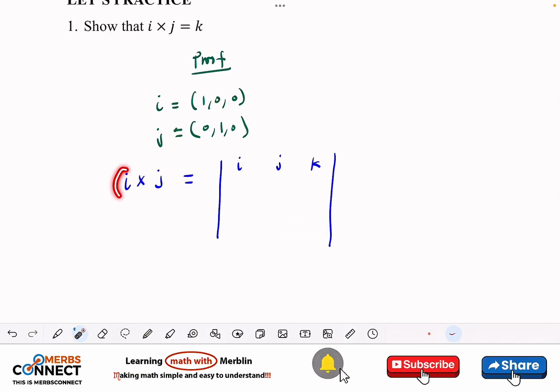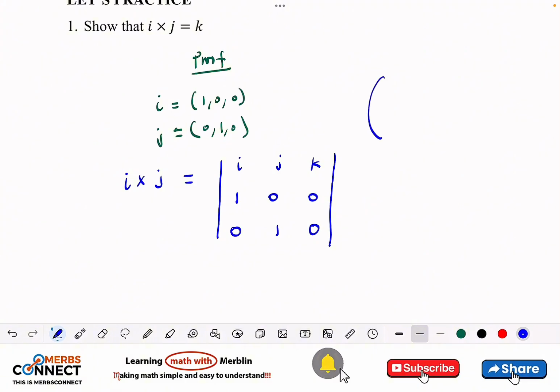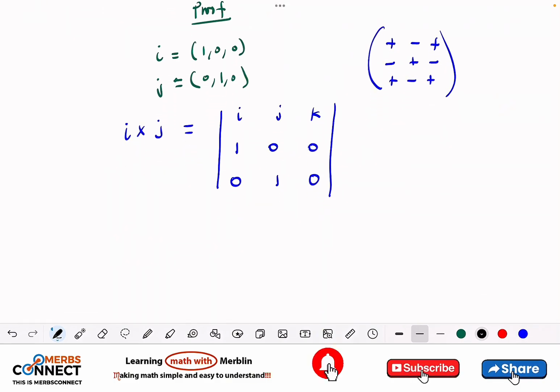So the first vector is 1, 0, 0, and then j is 0, 1, 0. Don't forget, when you are doing the determinant, the signs go plus, minus, plus. Good. Let's go through and see what we are going to get.